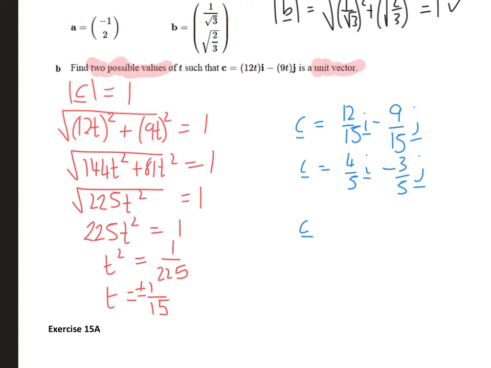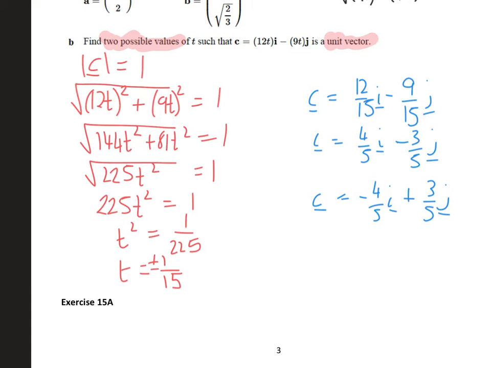Or the other one, if I subbed in minus 1 over 15, we get minus 4 over 5 i plus 3 over 5 j. Yeah, and you can just double check that the magnitudes of those is 1. Yes, this might be a good time to stop and do some practice. So from exercise 15A in the AQA textbook.